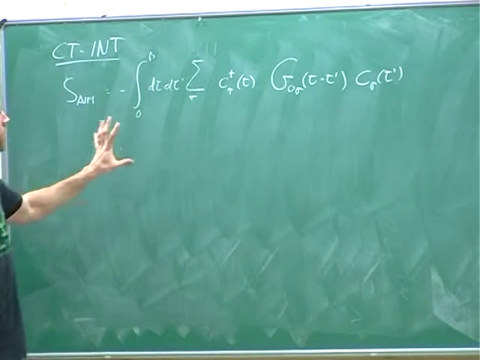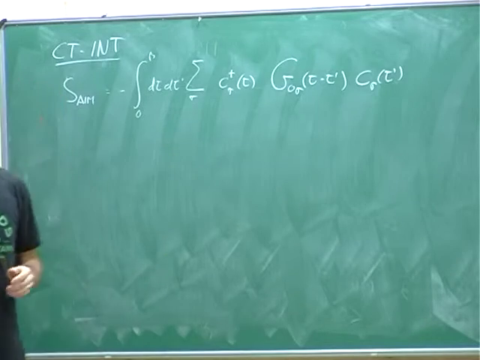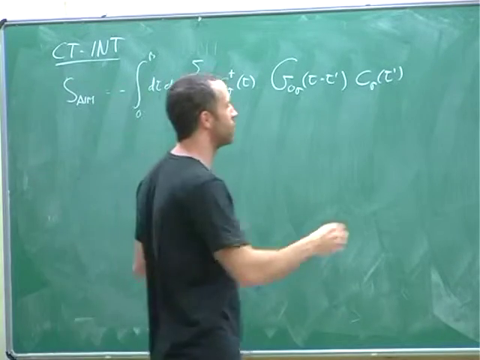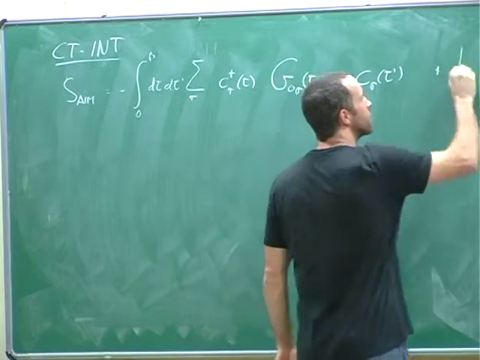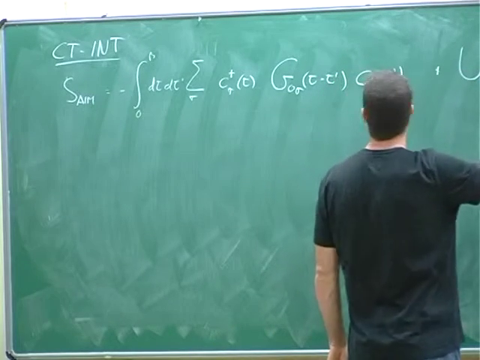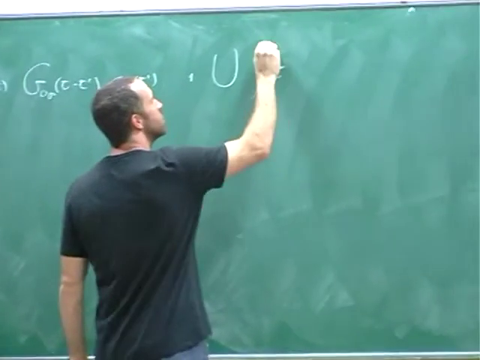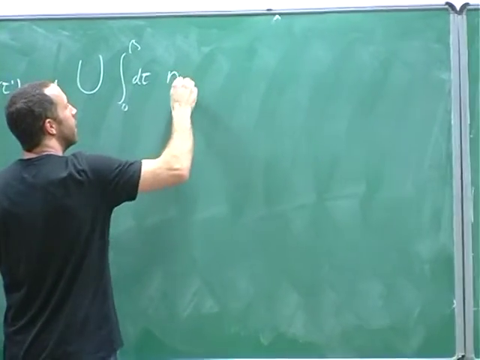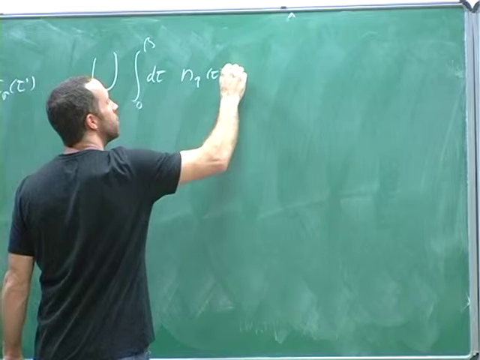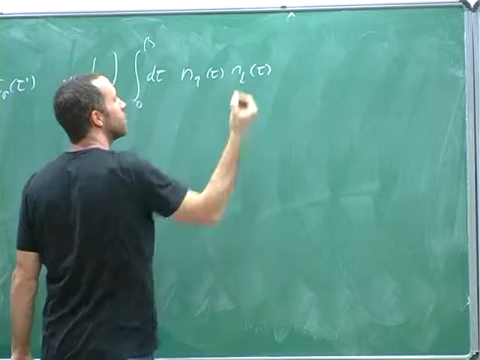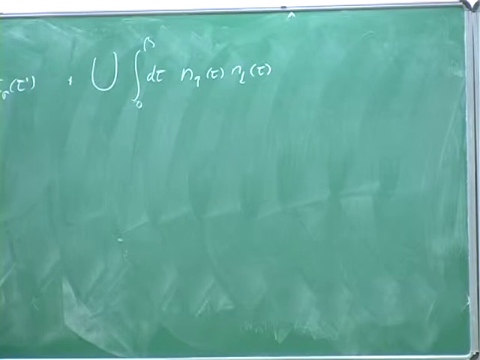So this, if you want, is the non-interacting part of the action, and to that I have to add the interaction, which is U integral d tau from 0 to beta, n up times n down. This is my Coulomb interaction.